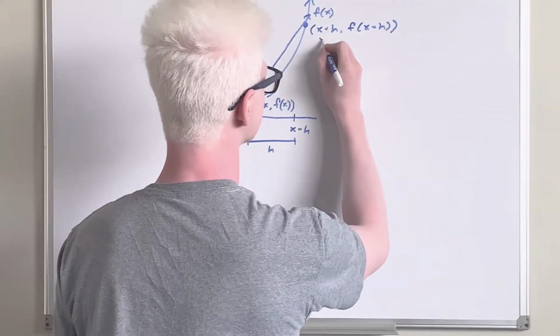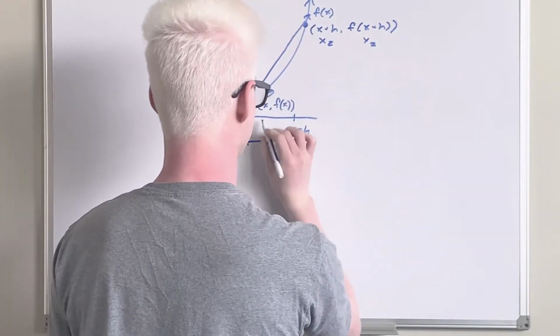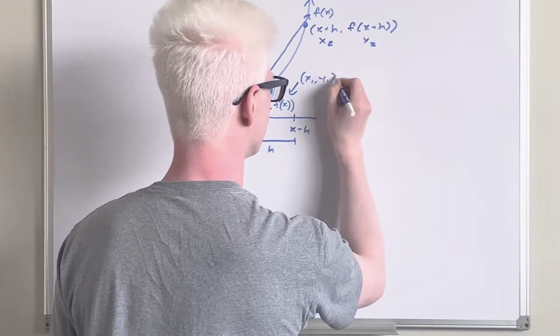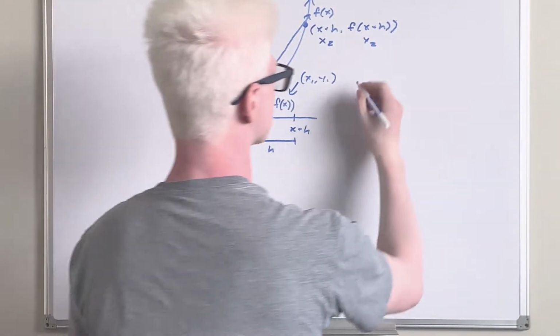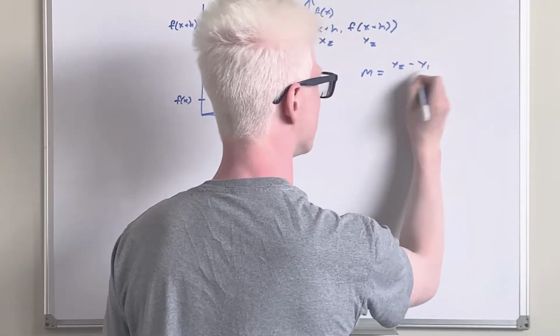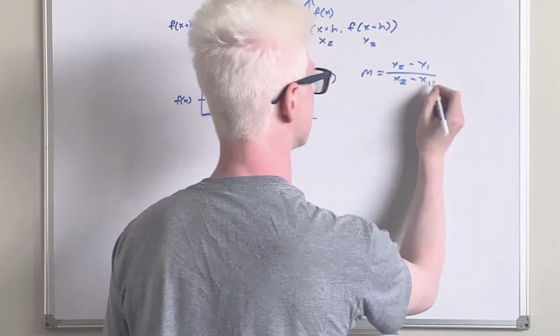In this case, this is your x2, y2, and this is your x1, y1. So these 2 points. Well, the slope is rise over run, change in y over your change in x.